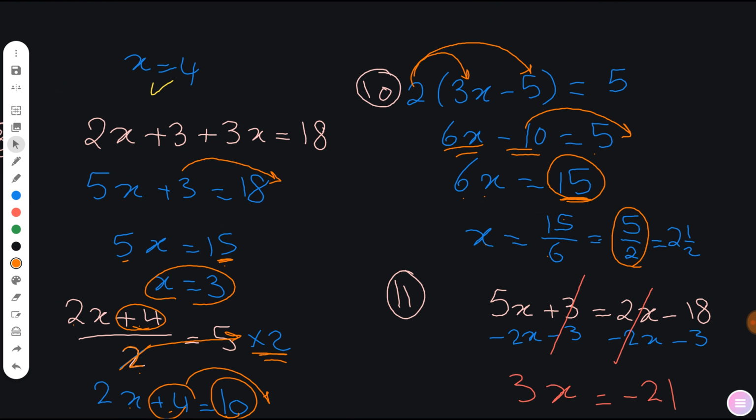Then to send the numbers to the right side, we need to get rid of positive 3 by subtracting 3 here, the same here. So this will be 3x, this will be negative 21, and x will be negative 21 over 3, it will be negative 7.